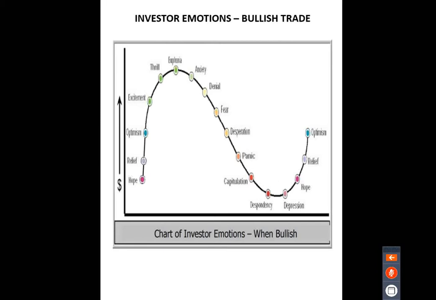Quick, close the trade. Because what's going to happen is you're going to teach your brain all kinds of lessons that you don't, or start habits that you don't want your brain to take. Get the hell out. You can always get in another trade. Okay? So you get in at hope, you get out anywhere between relief all the way up to thrill. Worst case, you're out at euphoria.